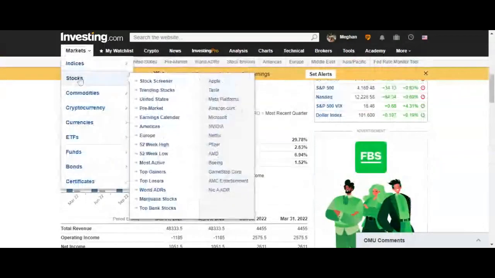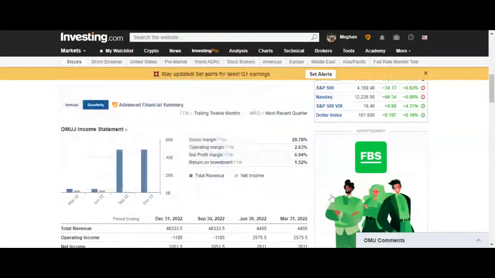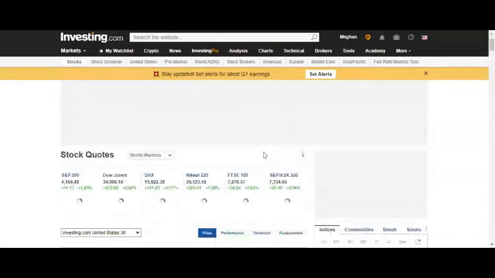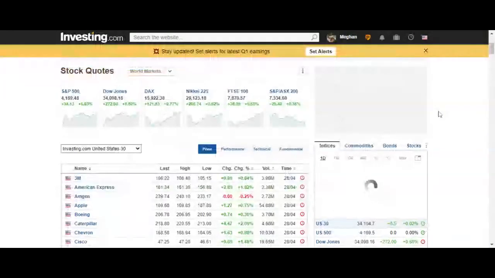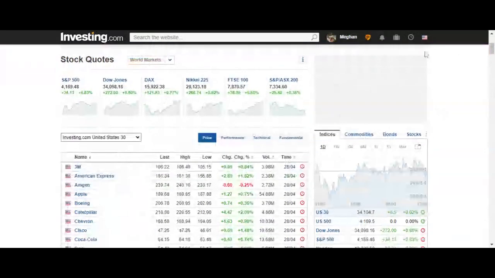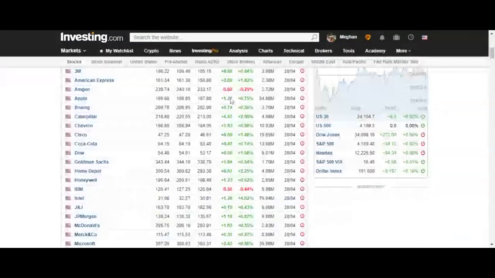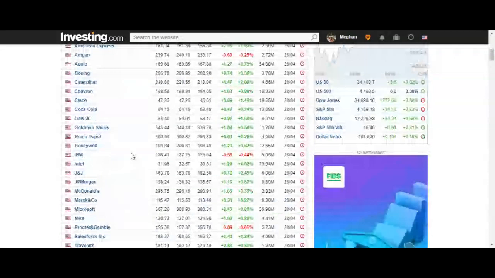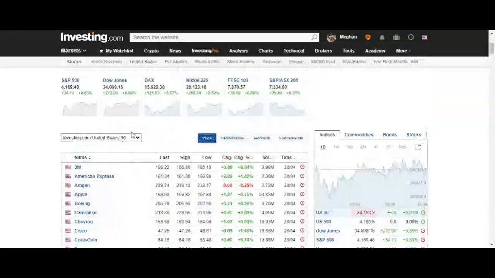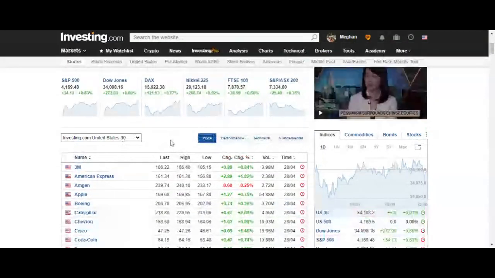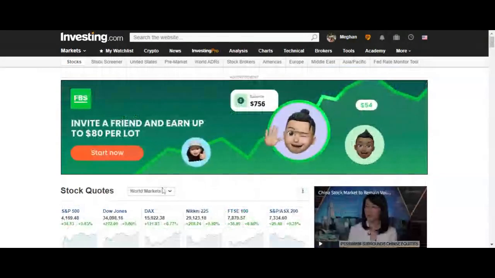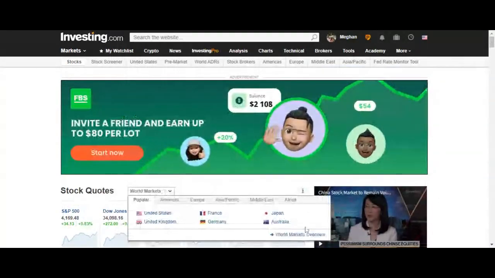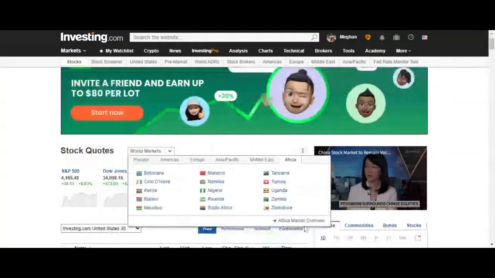Once again, we'll just go to stocks. You can even filter on this platform. We've got American stocks, so we're going to change it again to South African stocks. By clicking on world markets, we go to the African section.